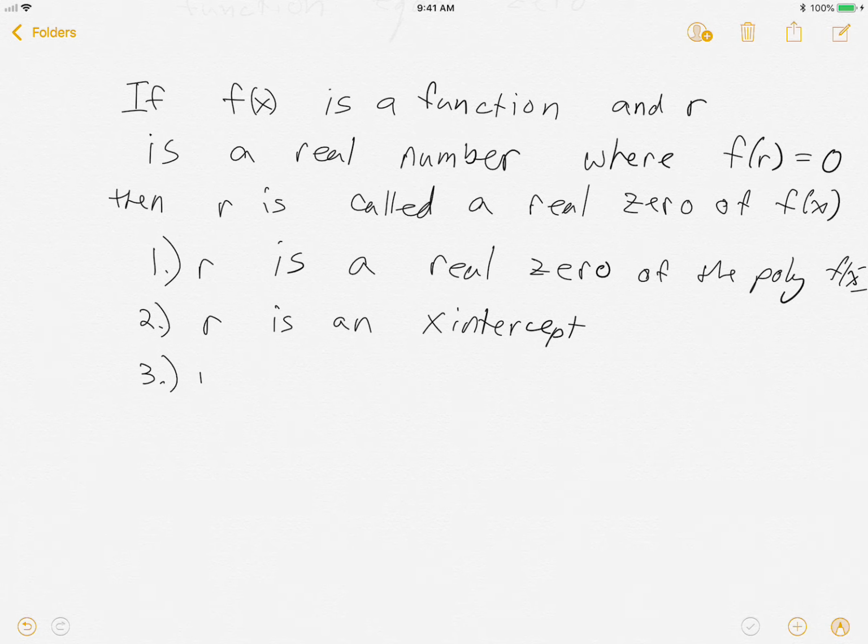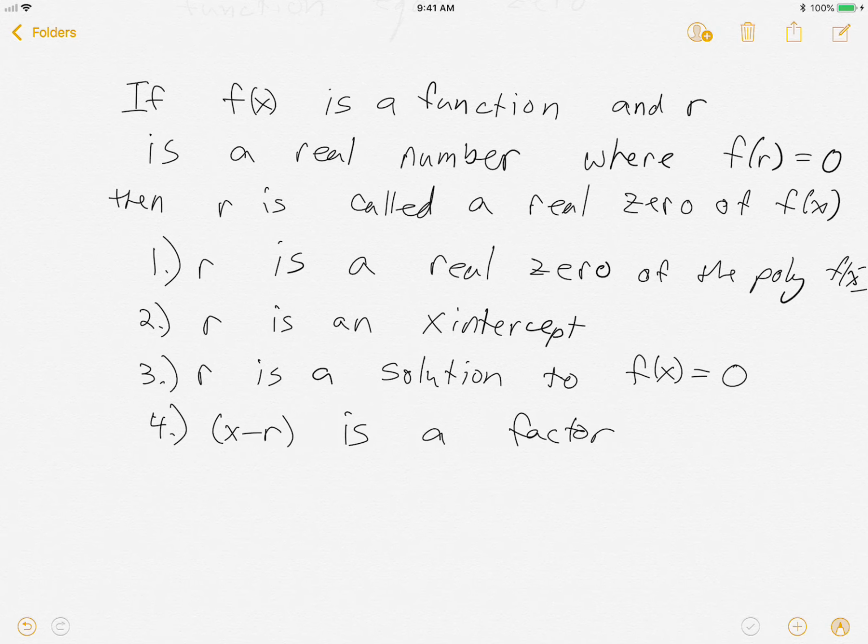And that means that r is a solution to f of x equal to 0. And so, relating that to a factor, like when we factor something, if this is a solution, then x minus r is a factor.